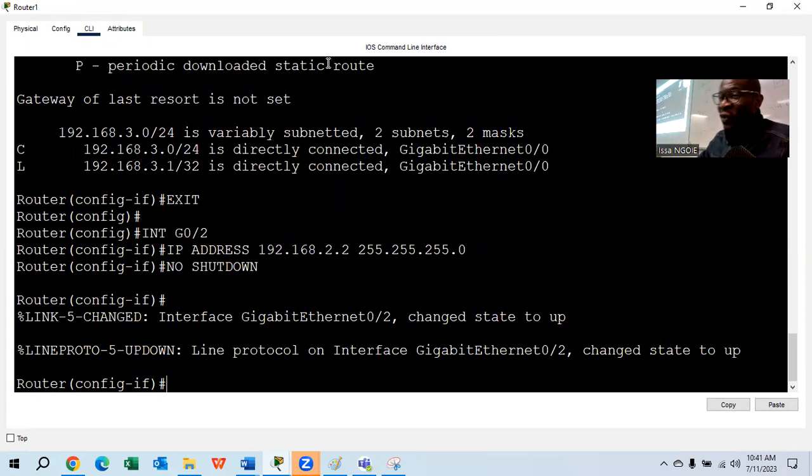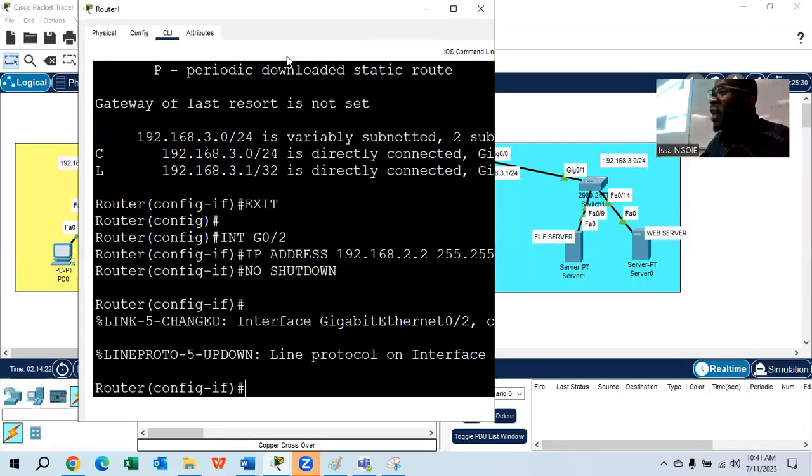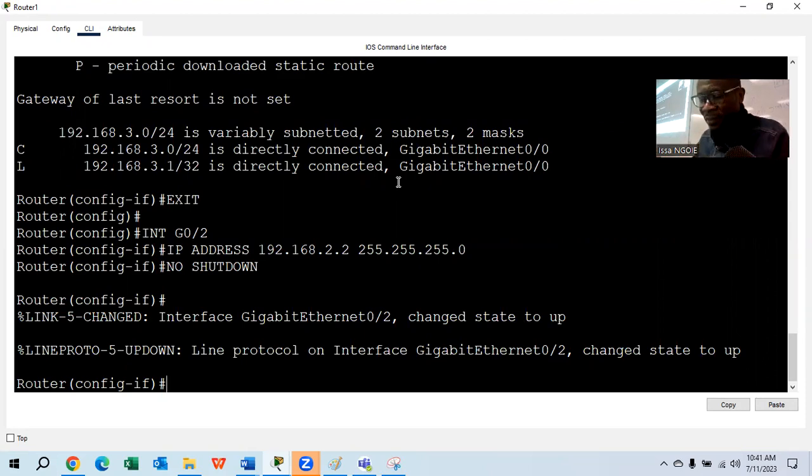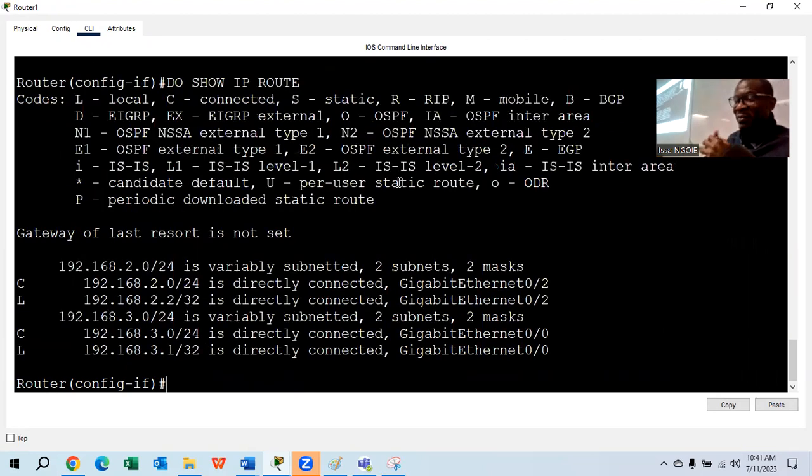After configuring that one, you see now it's green, right? Now we can check the routing table again. We can check the database of the router. Do show IP routes. What did you see? See, there's another network that has been added.